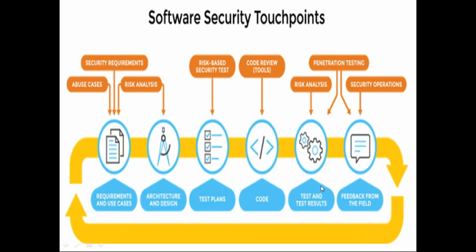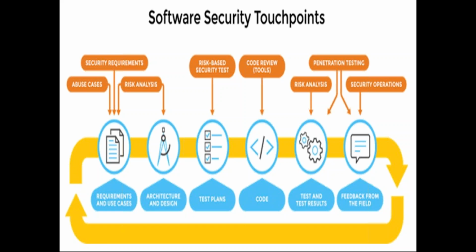Now, test and test results. This is also one area where risk analysis comes in. Suppose a person who doesn't know the application is doing the testing. How can we make sure that the testing done is complete? We may or may not.